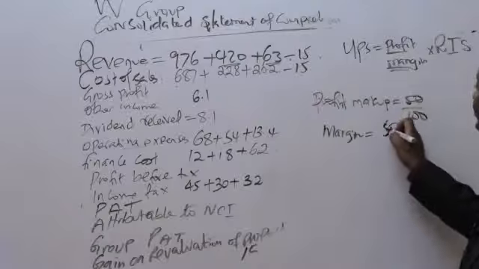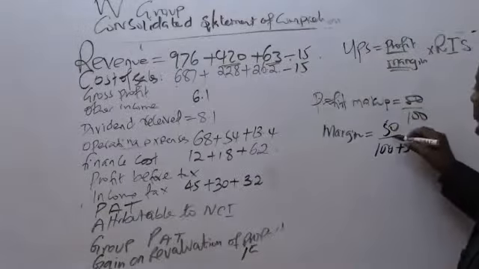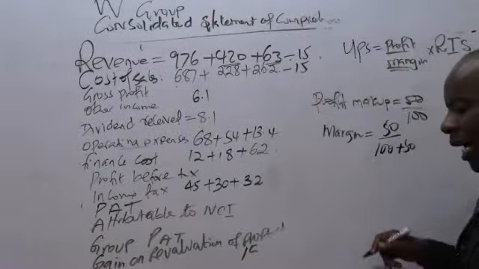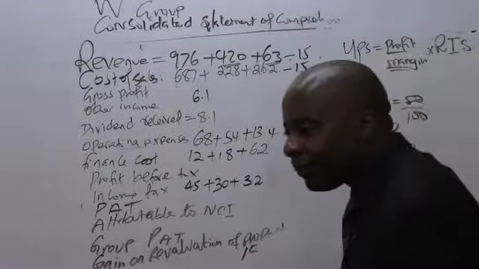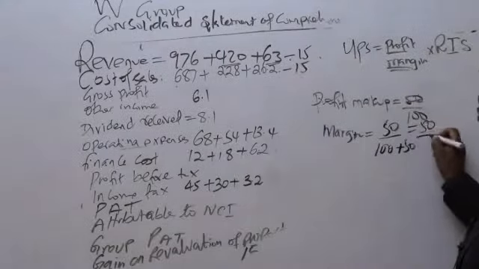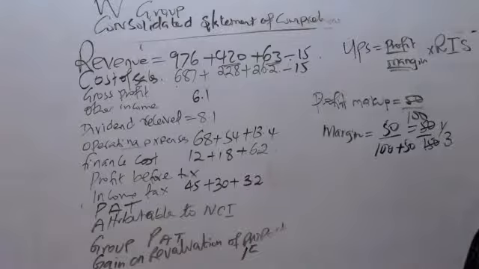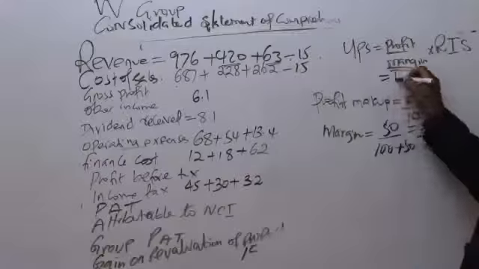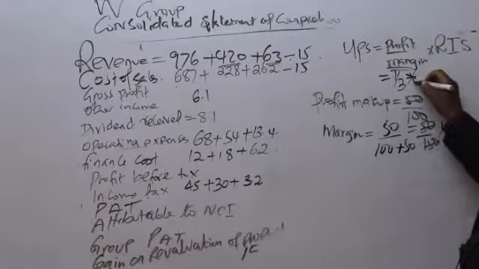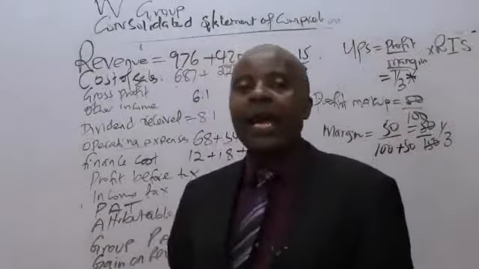You take the numerator, 50 over 100, and add the numerator to the denominator. So this will be 50 over 150, which is the same as a third. So profit margin is a third, times remaining intra-sales.